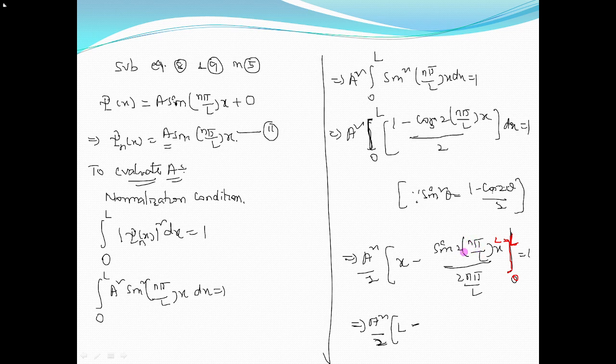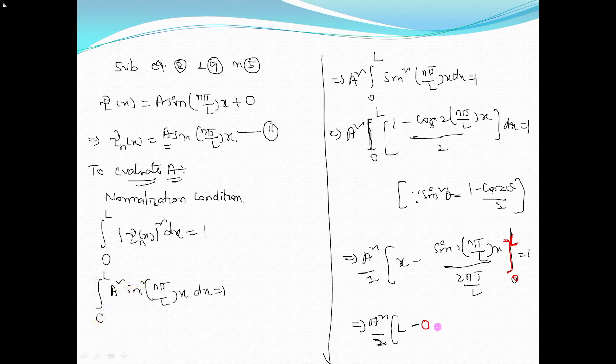If n is 1, 2 pi, sine 2 pi. Sine 2 pi is automatically 0. Whether it is 2 pi, 4 pi, or 6 pi, whatever it may be, the sine value is 0. Okay. Next we'll substitute.